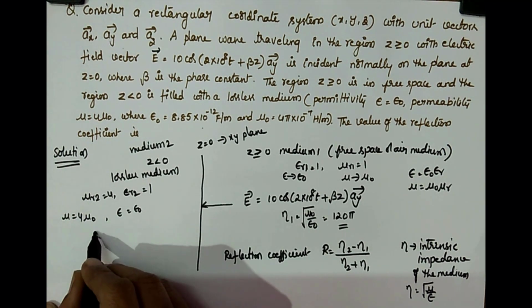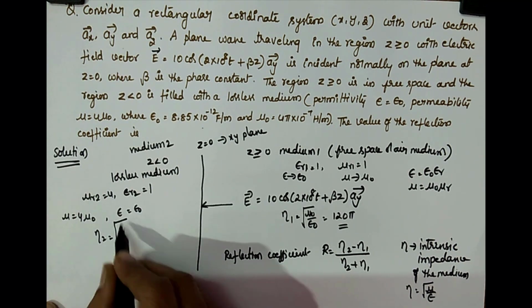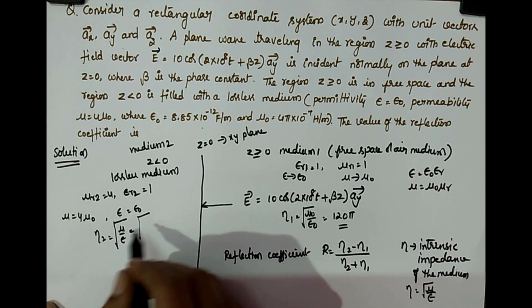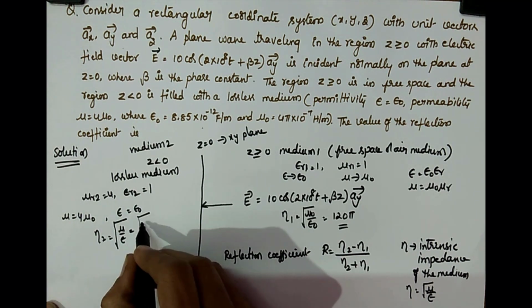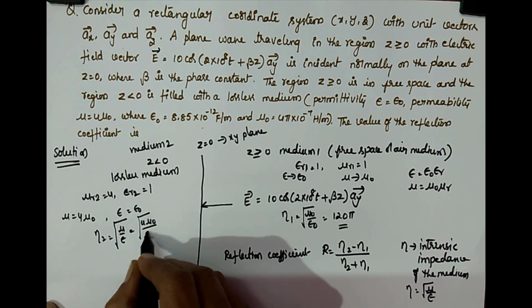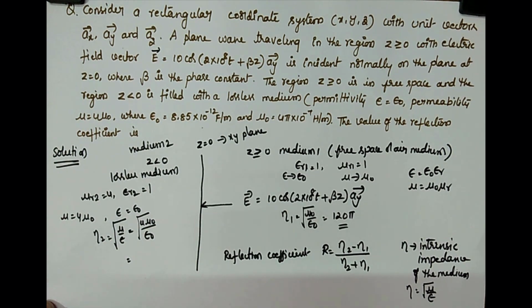Now for medium 2, η2 is root of μ by ε, but here μ is 4μ0 and ε is ε0.